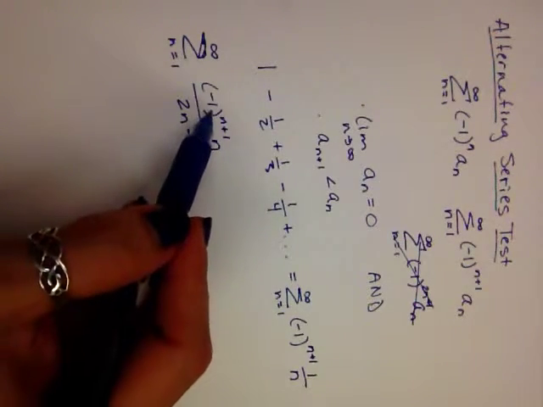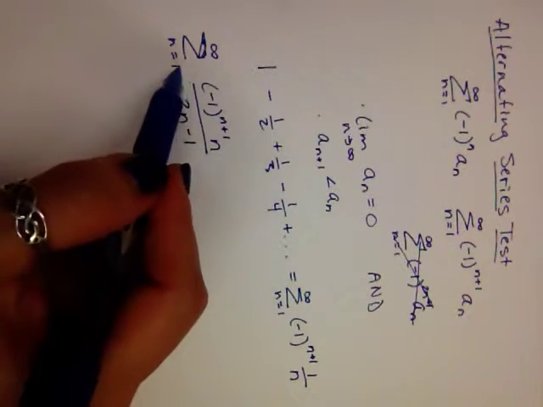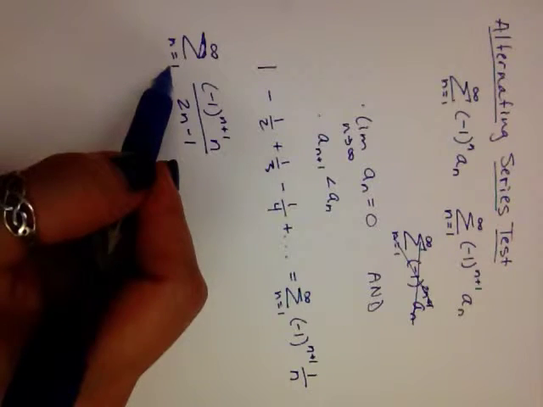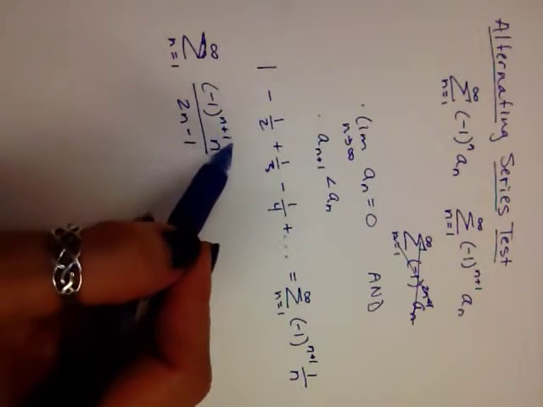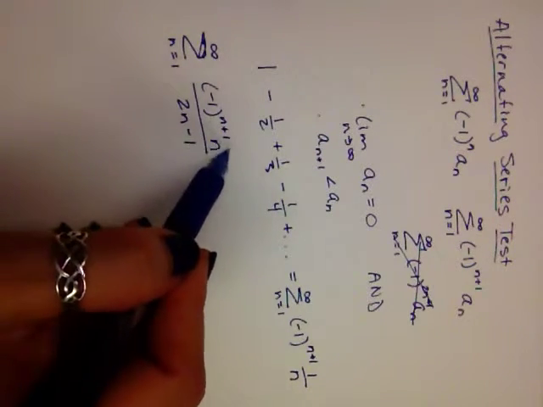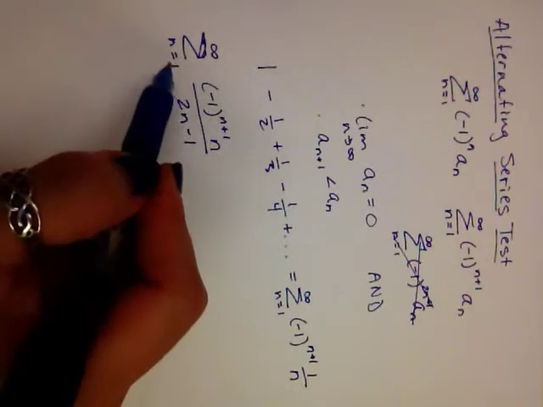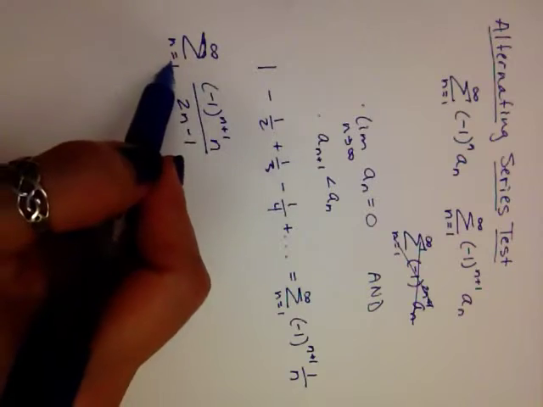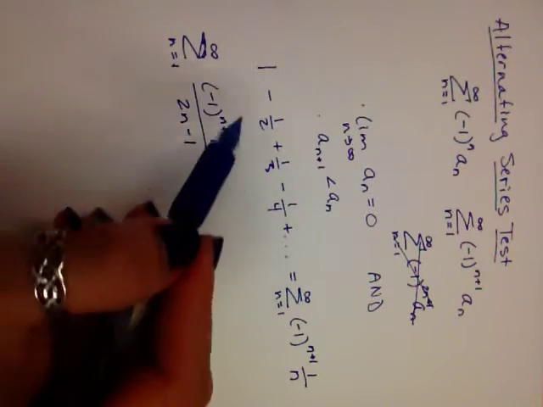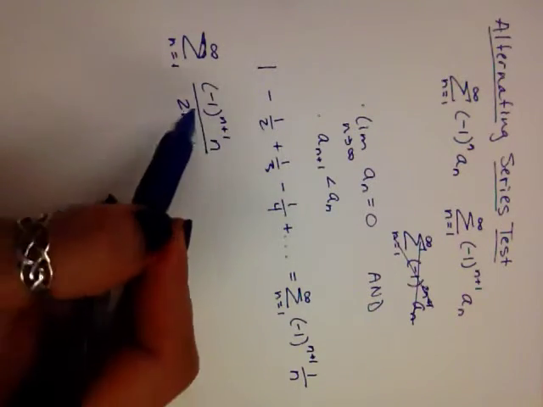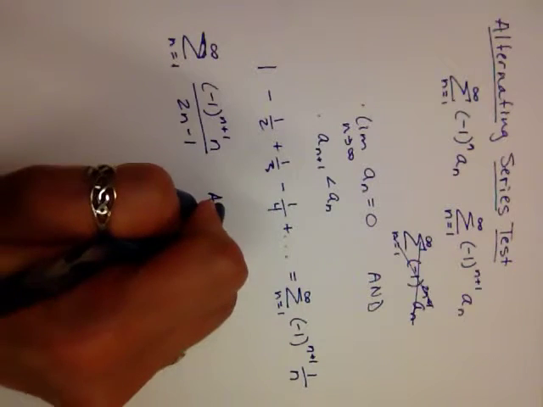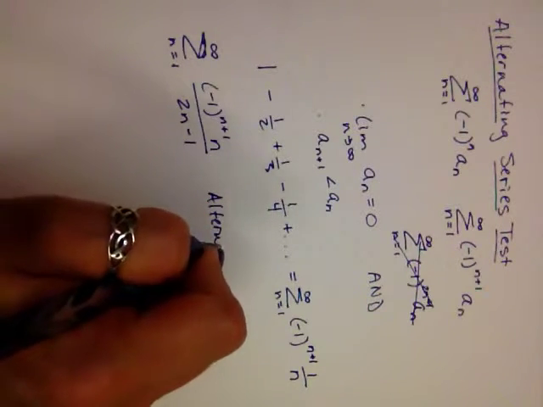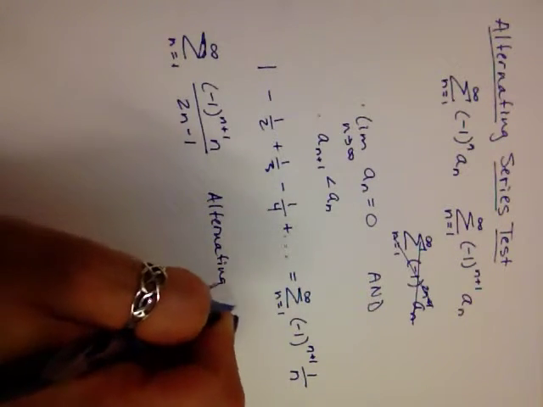I'm suspicious because of the -1, but you want to plug in a few values of n and make sure the signs go back and forth. So if I plug in 1, 1 plus 1 is 2, it's even, that's a positive. Plug in 2, 2 plus 1 is odd, it's a negative. So this one does alternate, so I'll acknowledge that by writing this is an alternating series.